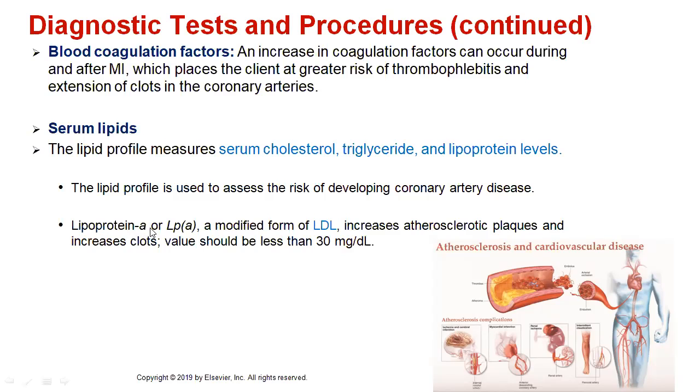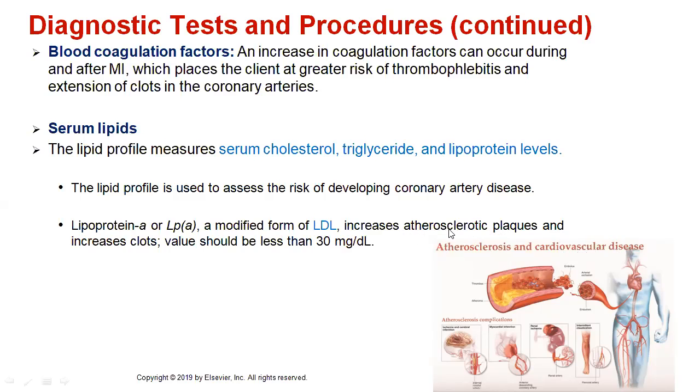So there are two lipoproteins. One is called LDL, meaning low density lipoprotein. They are bad because they collect the bad cholesterol and accumulate in the heart and develop atherosclerosis and lead to cardiac disease.